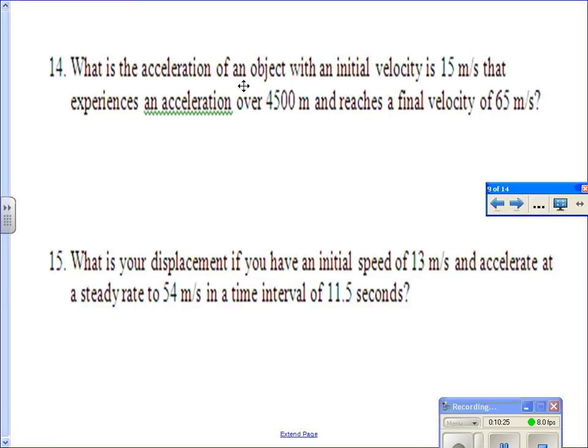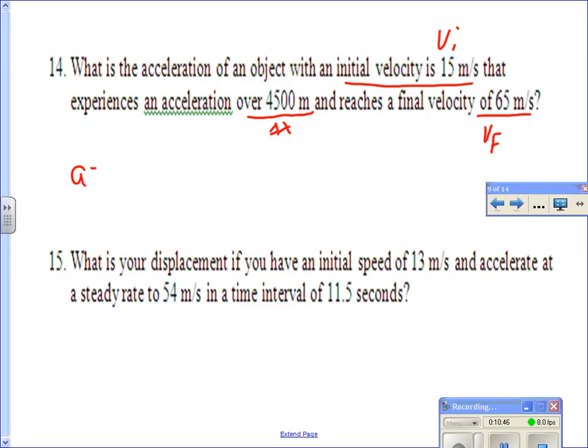What's the acceleration of an object with an initial velocity of 15, experiences an acceleration over 4,500 meters, meters is a distance, and it reaches a final velocity of 65. So what's the acceleration when we have a VI, a VF, and a delta x?